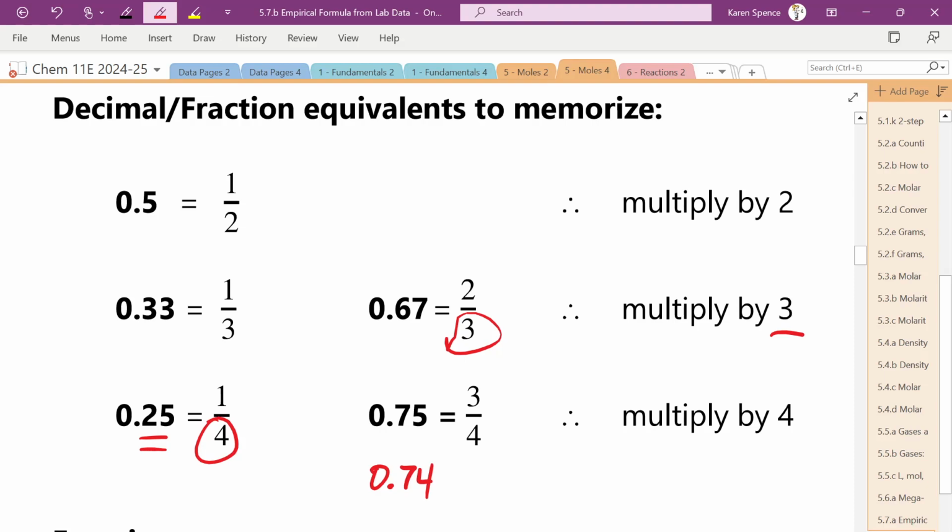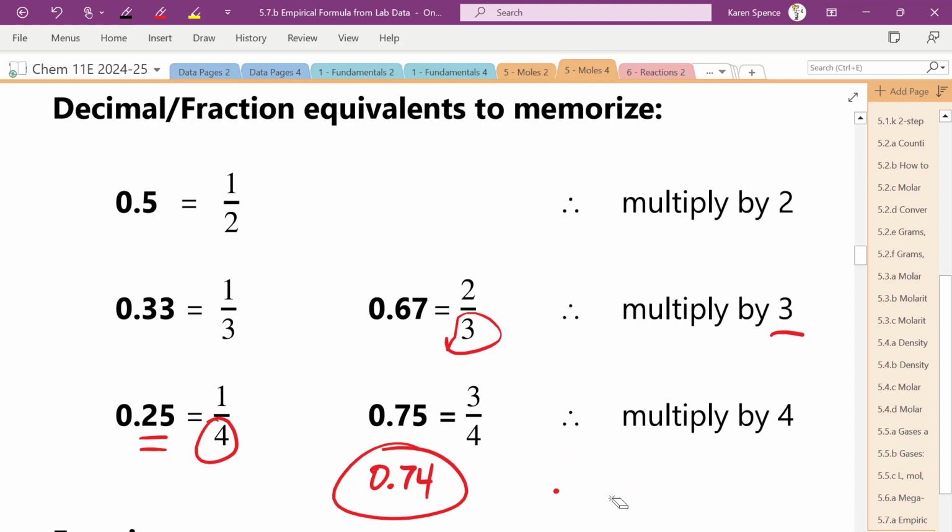Close enough? Yes. Okay? If you get a number like 0.70, it probably means you've made a mistake because I'm going to try and give you numbers that are pretty good. Not always perfect, but pretty good. So 0.74 is pretty good. 0.70 is yucky. Yes? Yucky.